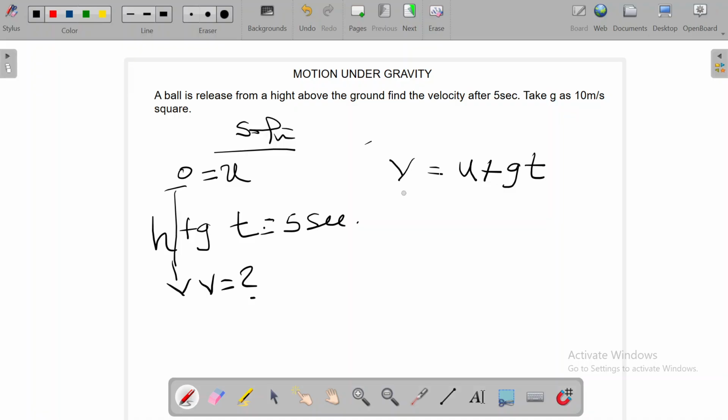So v is equal to, what is your initial velocity? 0, plus what is gravity? Gravity is 10. And what is the time? It is 5. So the velocity would be 50 meters per second after 5 seconds.